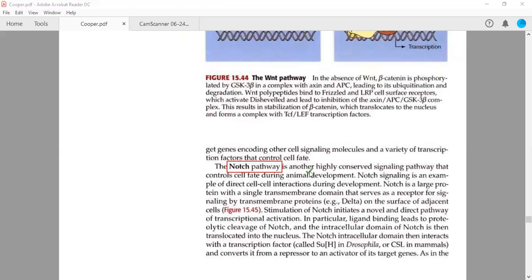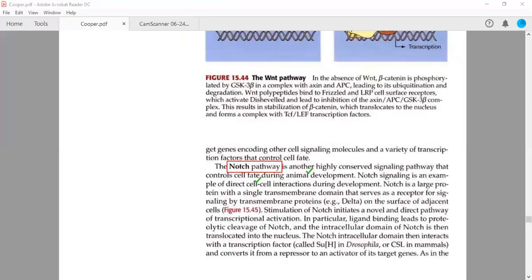Notch signaling is an example of direct cell-cell interaction. Up to here, the two pathways, Hedgehog and Wnt, are very related, but the Notch pathway is different because it is a juxtacrine signaling pathway.